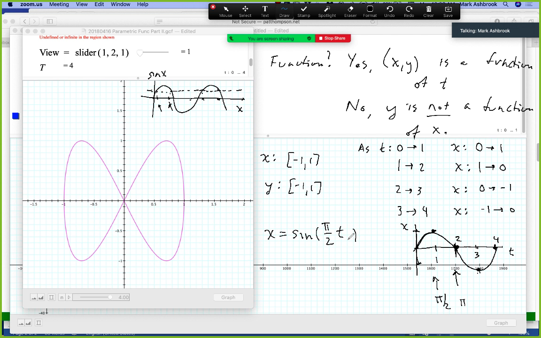As t goes from 0 to 2, we get pi. So it looks like it's right. And let's try the whole thing. When t reaches 4, what do we get inside here? 2 pi, and that's what we want, because at 4 we want to finish the cycle.